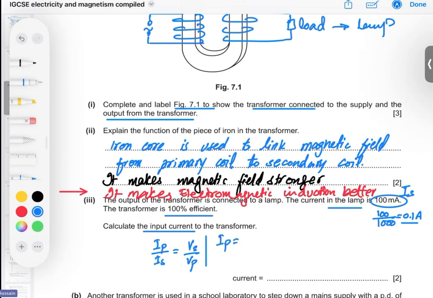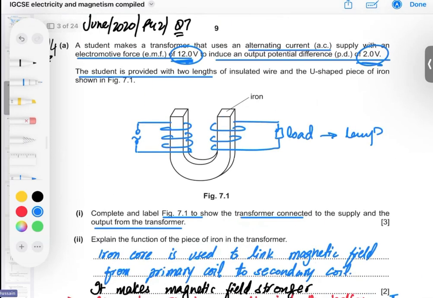Ip is equal to Vs upon Vp into Is. What are the values of Vs and Vp? Vs is 2 volts.